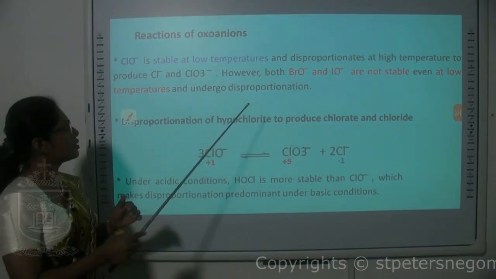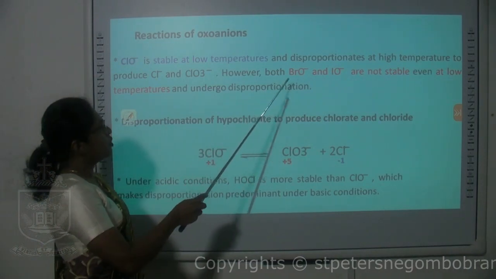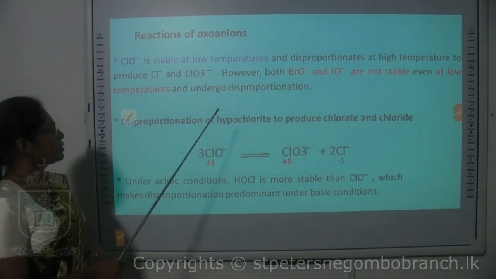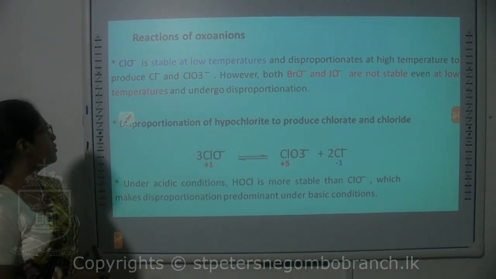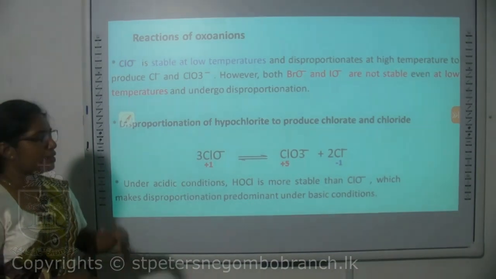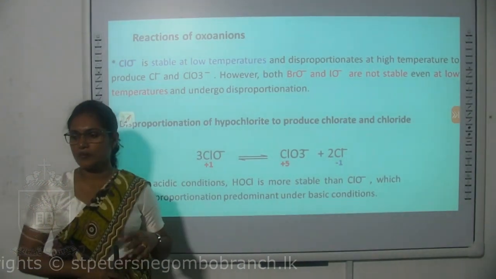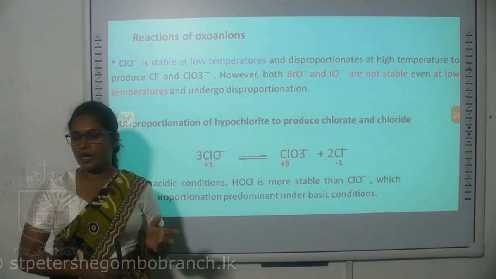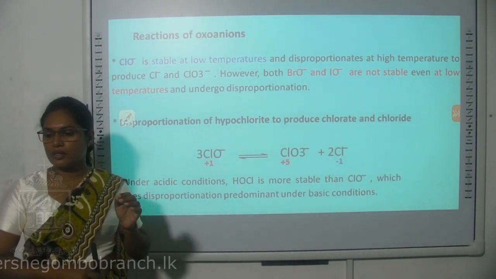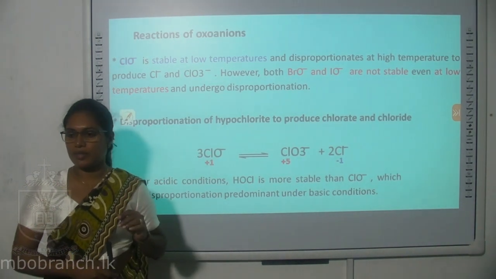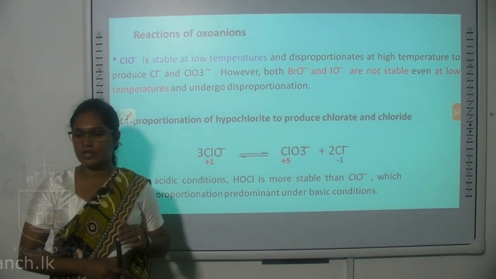But bromine and iodine are not stable even at lower temperatures. They undergo disproportionation reactions. But the hypochlorite ion is stable at low temperatures.